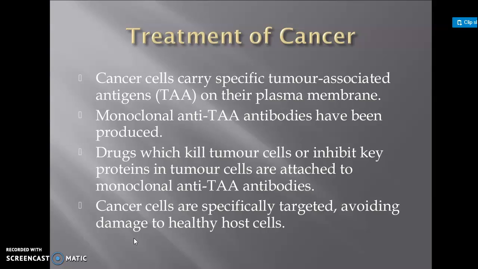Now we synthesize monoclonal anti-tumor associated antigen antibodies. If I add a monoclonal antibody for this TAA, that will specifically bind to this TAA. But what if I add a drug linked to this monoclonal antibody of TAA?